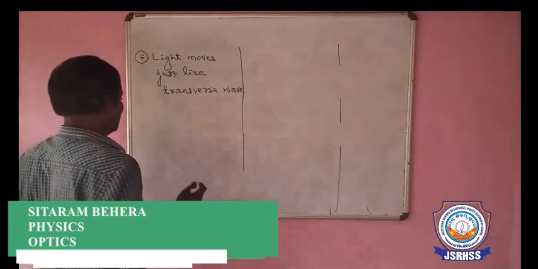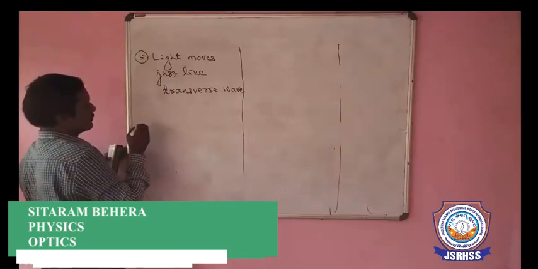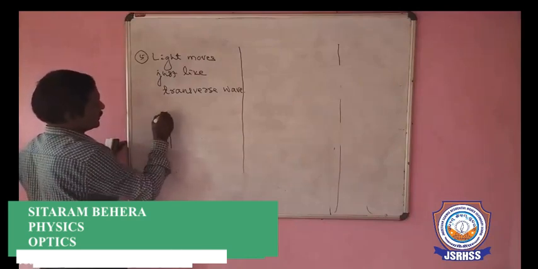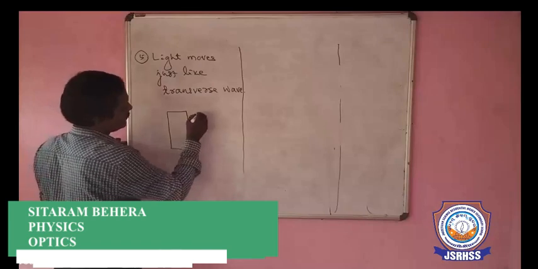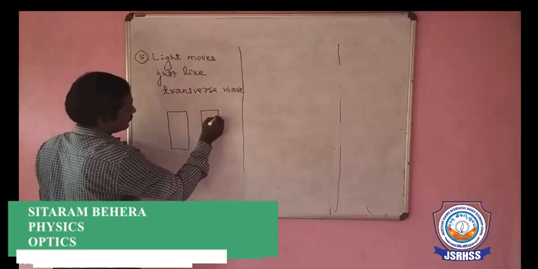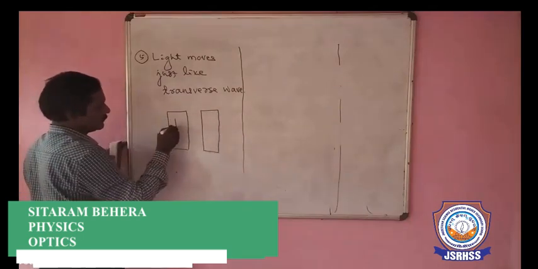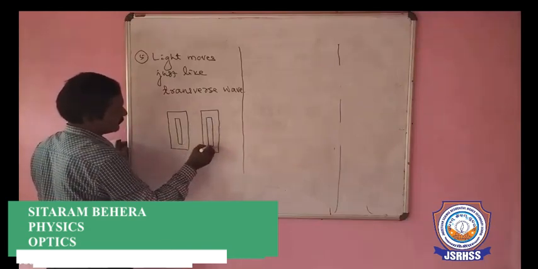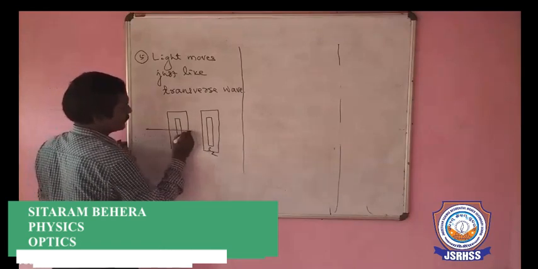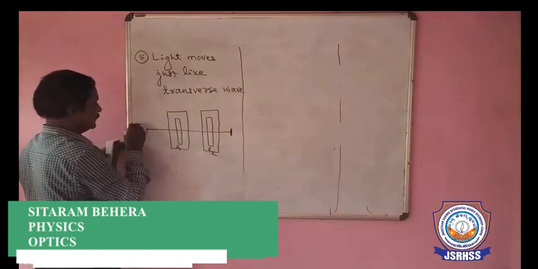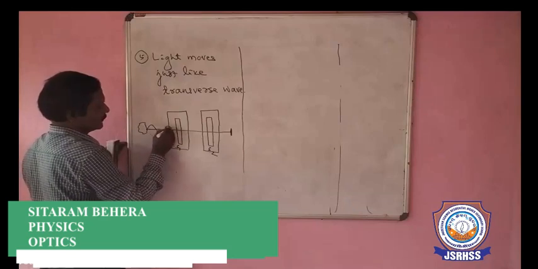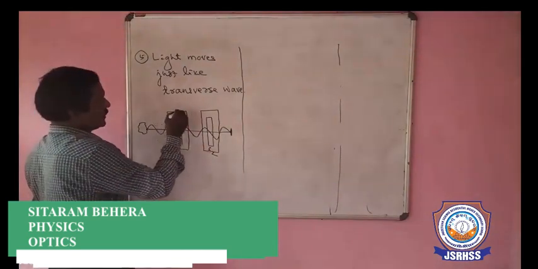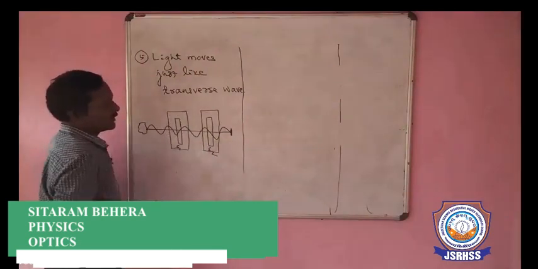Light moves just like a transverse wave. That means, suppose these are the two pitch boards and S1 and S2 are the two slits.